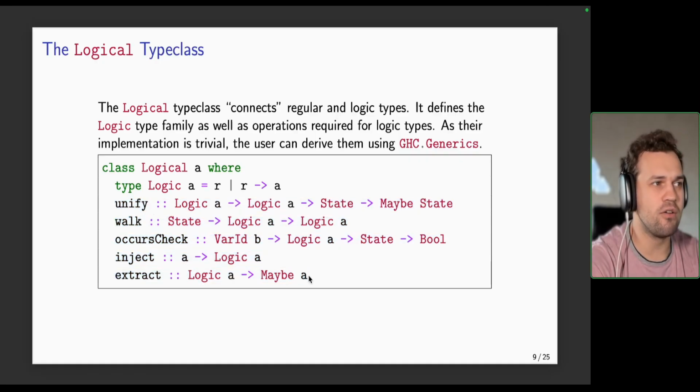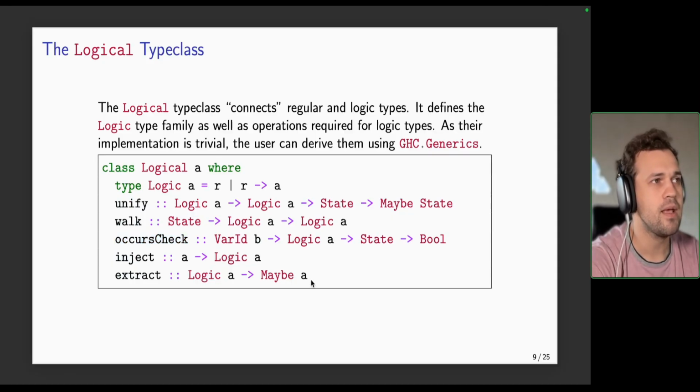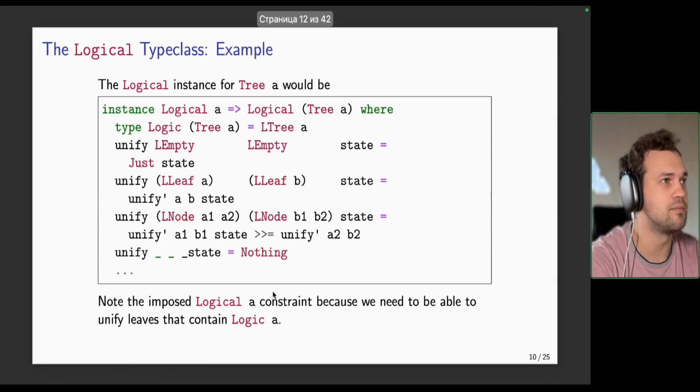There are a bunch of methods here that define how to properly do the unification, how to check the occurrence of unification variables inside, and so on. Importantly, most of this can be done automatically via GHC.Generics. So the instance can be derived via GHC.Generics, and the type can be constructed using Template Haskell.